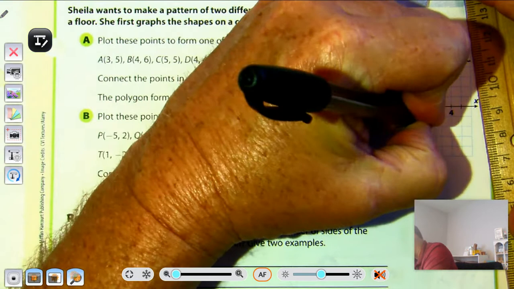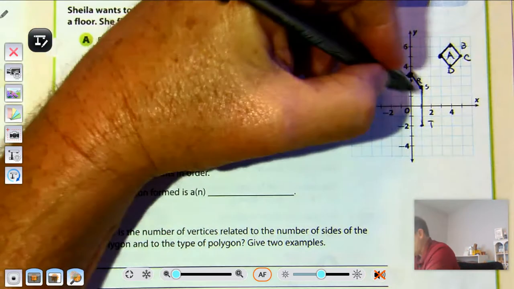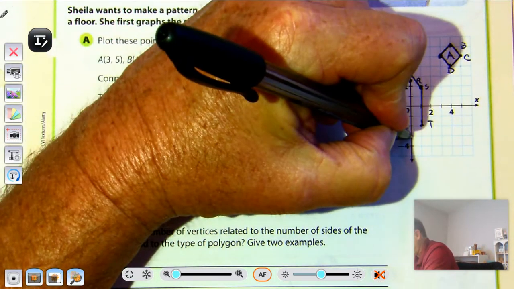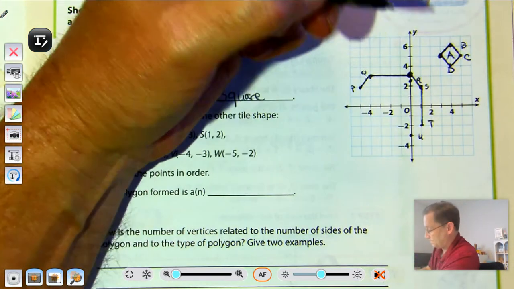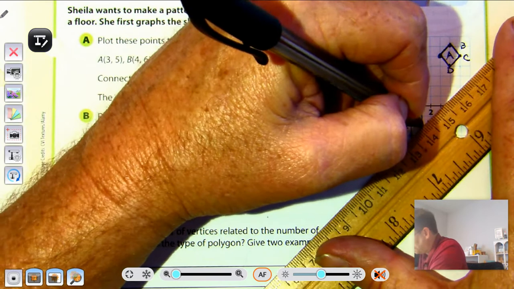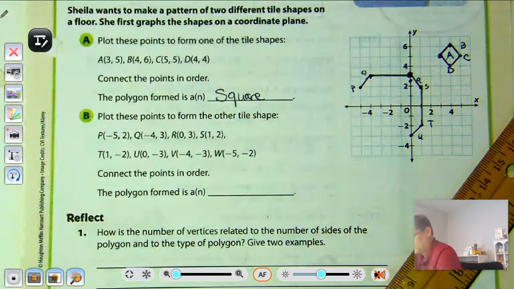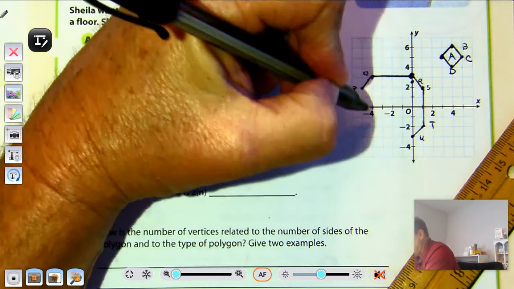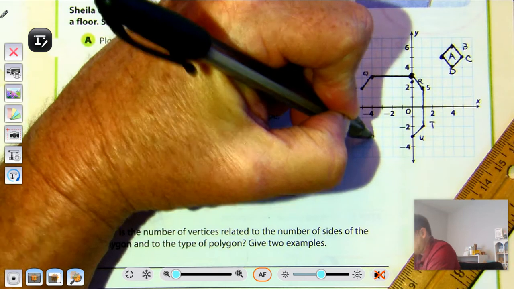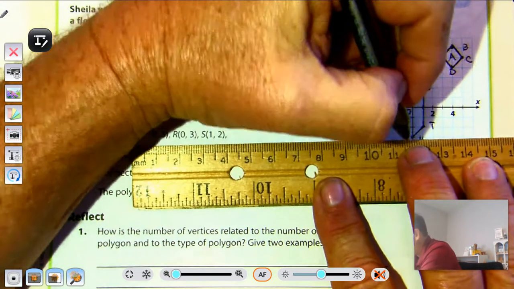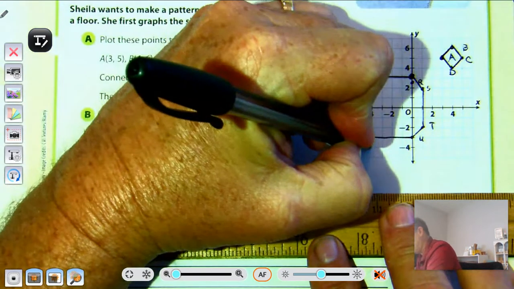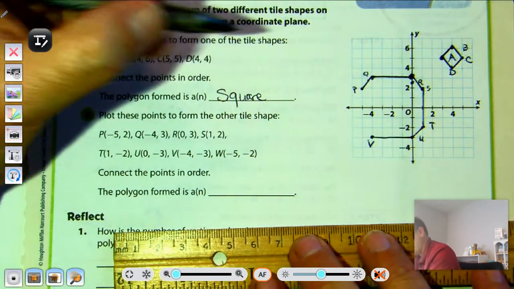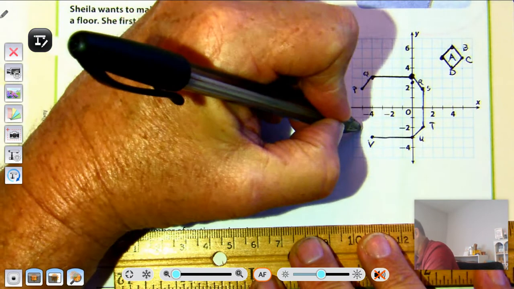It's point T. 0, negative 3 for U. V is at negative 4, negative 3. And W at negative 5, negative 2.